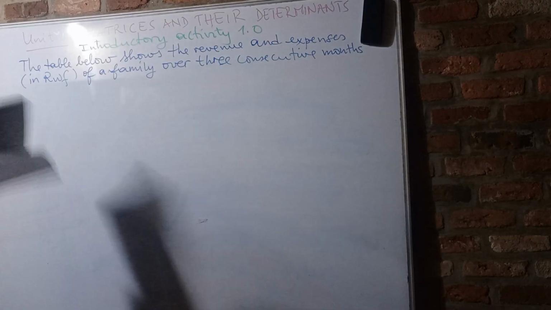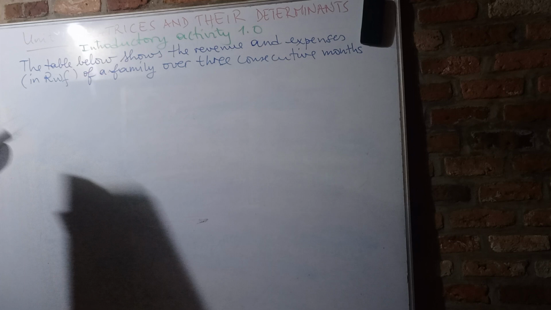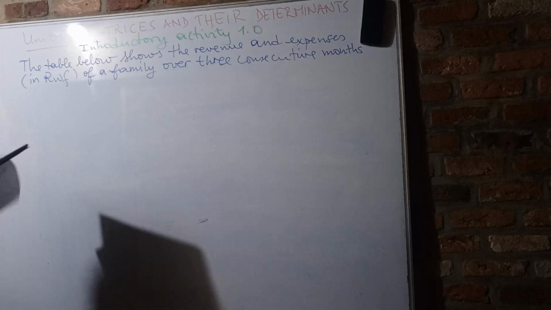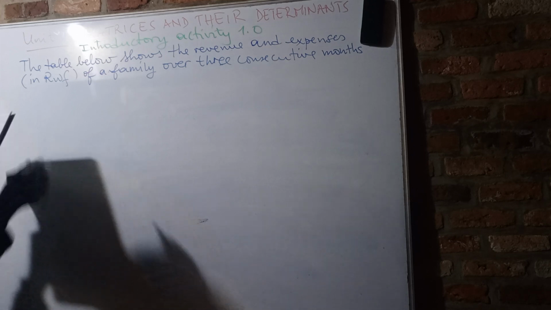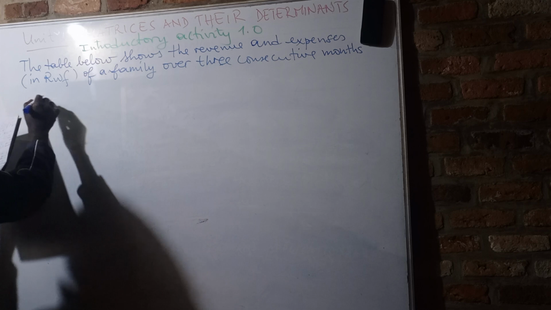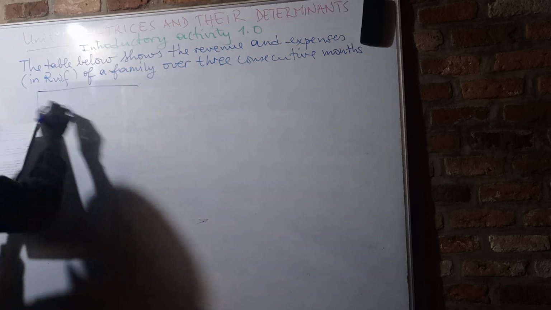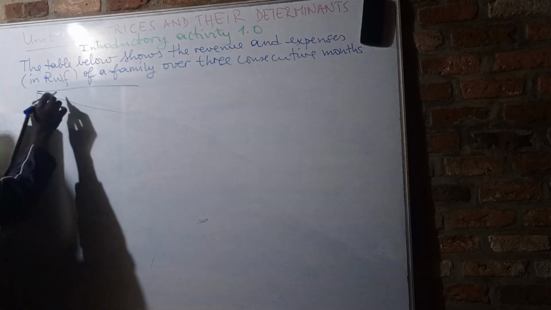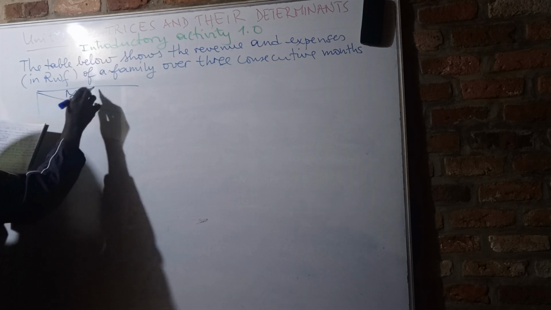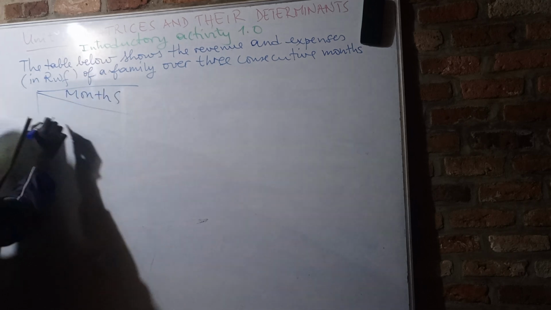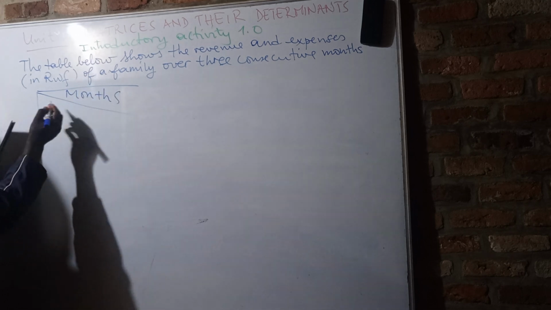Okay, so now here we have got a table like this. So we have some months. We have a function.